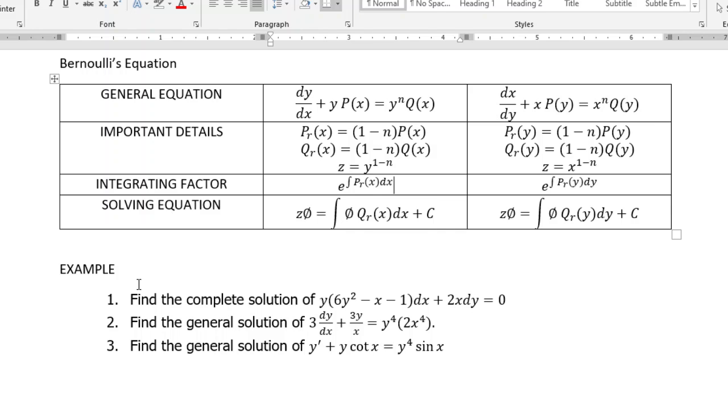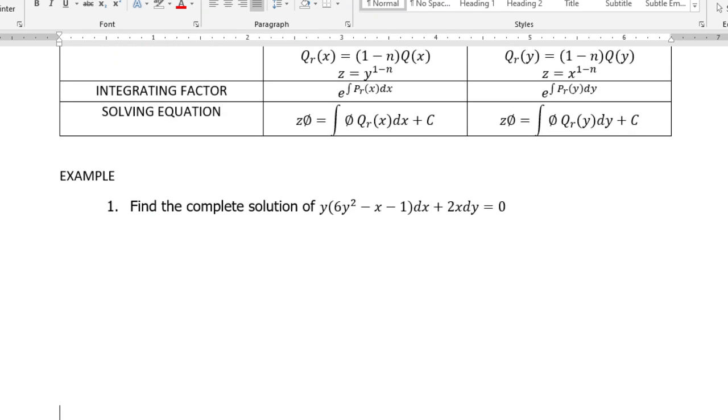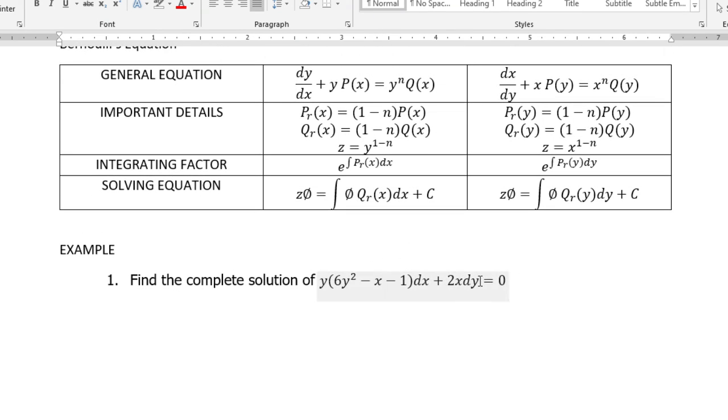So, as an example, meron tayong tatlong example dito, which is actually nasa module. And then, ang gagawin natin is, para mas maintindihan nyo, solve natin one by one. So, first is, find the complete solution of y multiplied by 6y squared minus x minus 1, dx, plus 2x dy is equal to 0.